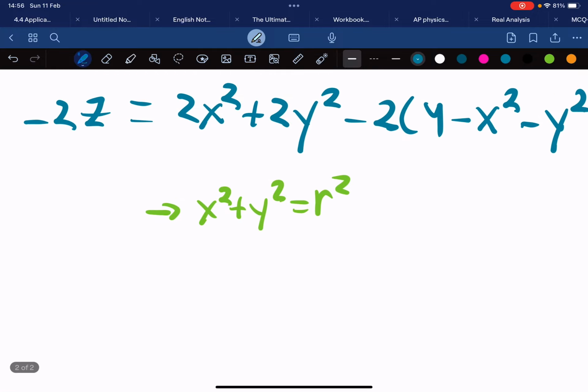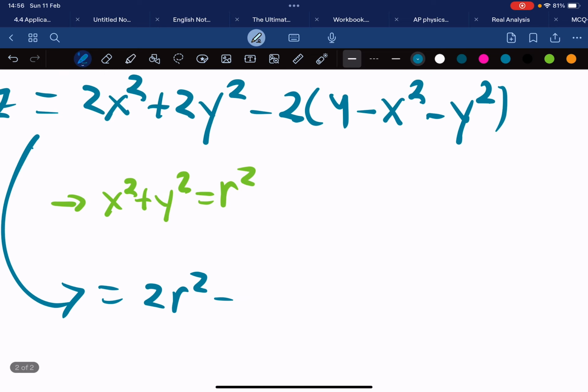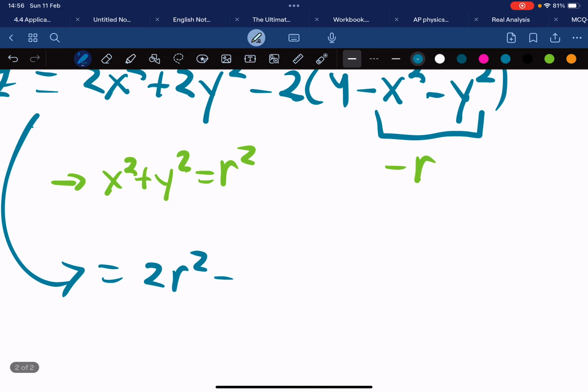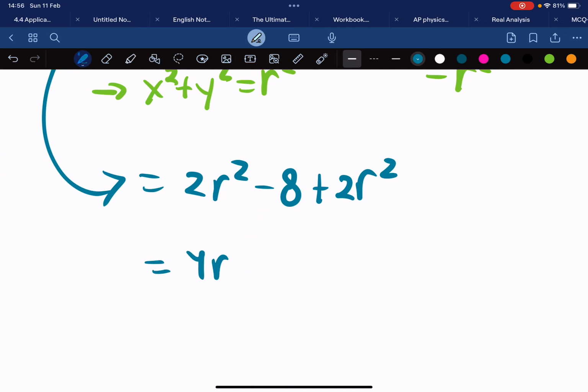And then this equals 2r squared minus 8 plus 2r squared, and this equals 4r squared minus 8.